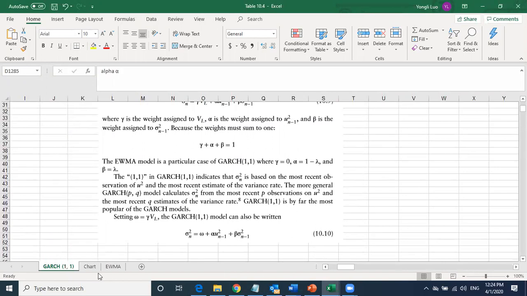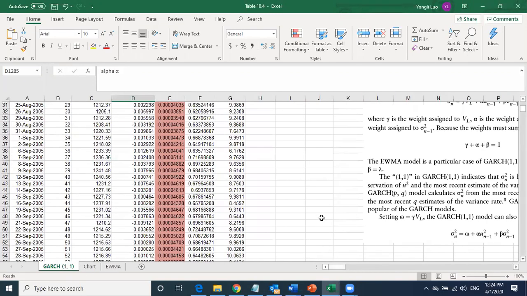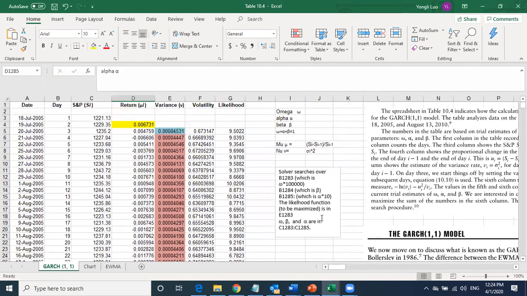Okay, so when you have the common GARCH model, we are going to estimate the likelihood. Remember the long run variance.